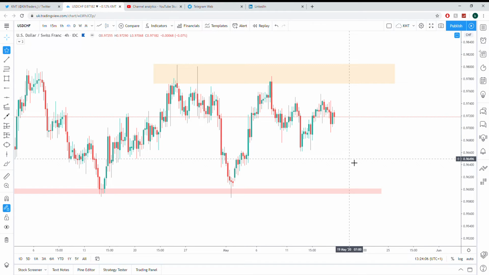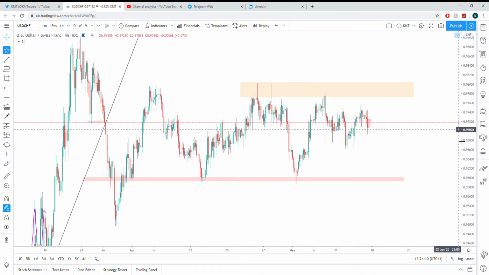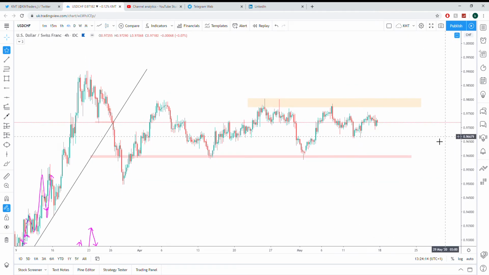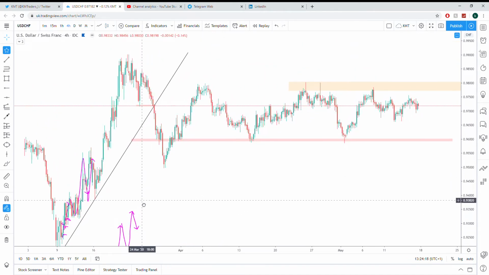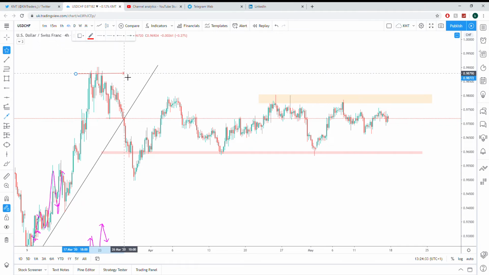So coming to this pair, the US dollar to the Swiss franc. If I take your attention towards a higher time frame, I know we've got all this work here, but if we just look at what we can visually see, we've got this huge push to the upside, a rejection at this level, and a descent to the downside.